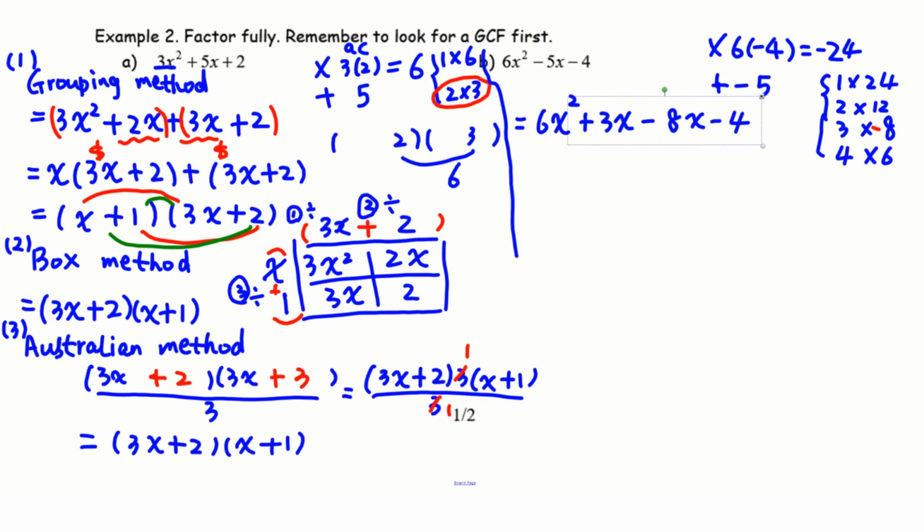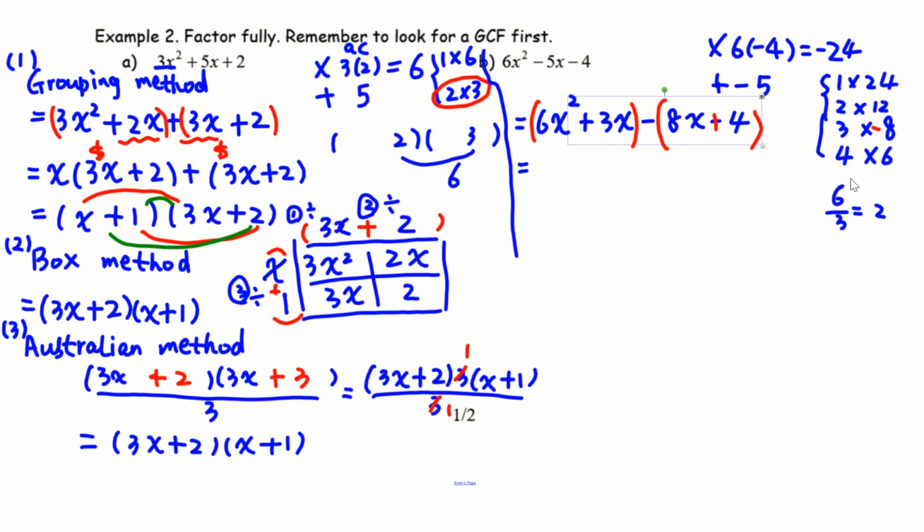Then group the first two and group the last two. When you group the last two, be careful. If you put the negative sign in front, you need to switch both signs to the opposite. Then common factoring, 6x squared plus 3x. 6 equals 2 times 3, so you could just divide 6 by 3, use your calculator, you will have 2.